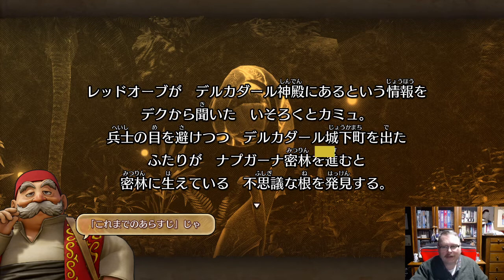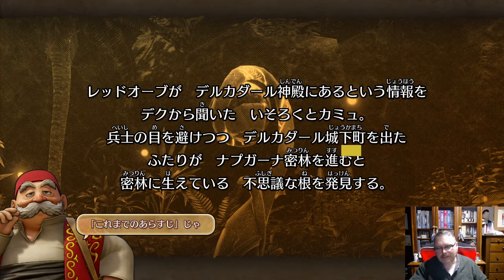Okay? Derukadaru Jokamachi o deta futari ga. So the couple, futari, the couple that left the Delkadar Jokamachi. So Jokamachi is like the town that automatically appears, like grows up around a castle. So it means castle town. Jo is castle, ka is below, and machi is like village or town.